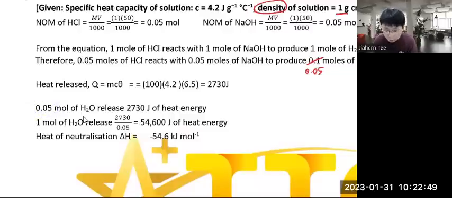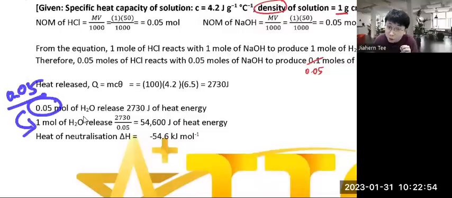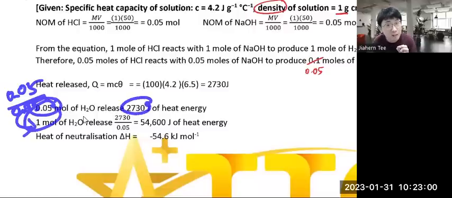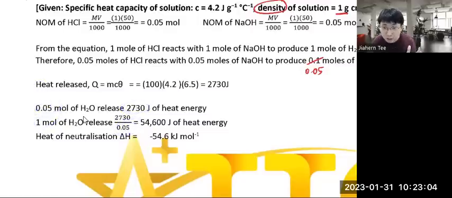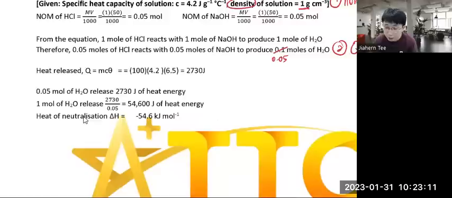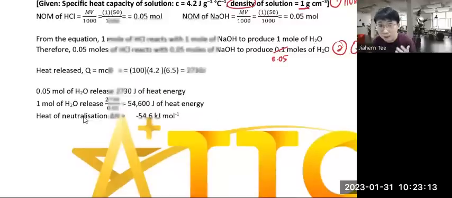How do you do this? To convert 0.05 to 1, you take 0.05 divided by 0.05, which becomes 1, right? So if you divide by 0.05 here, your 2,730 also has to be divided by 0.05 to convert into heat energy per mole.